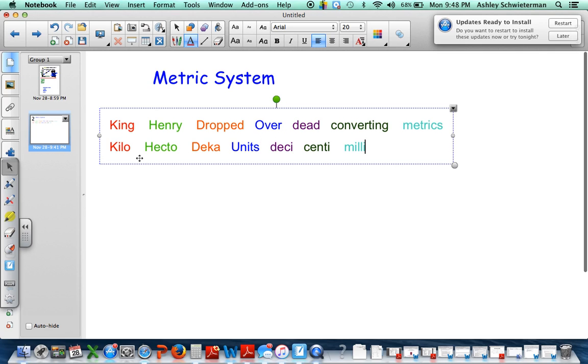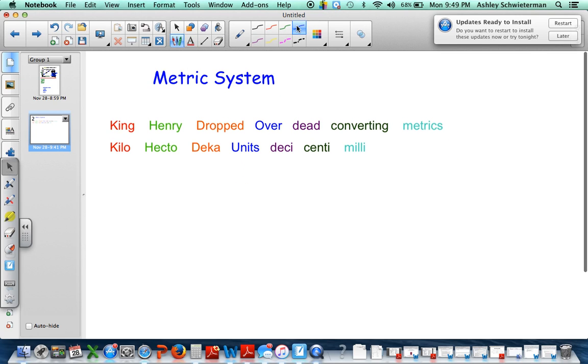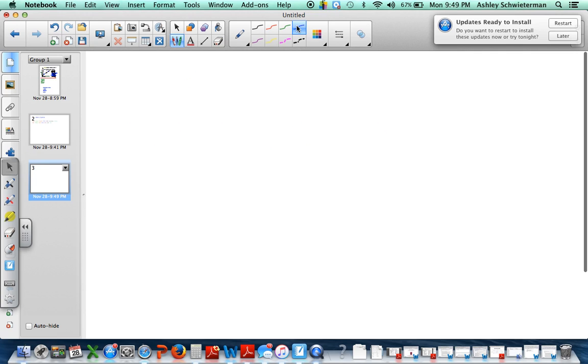All right. Our different units, like I said, we have three different units. We have length, we have capacity, and we have mass. So for length, we have meter.